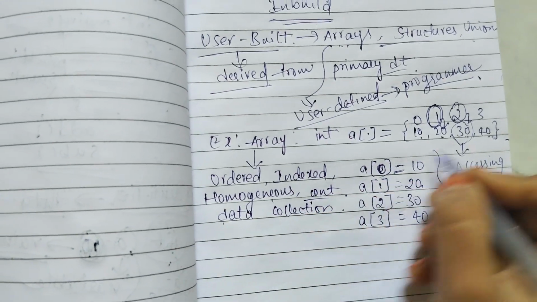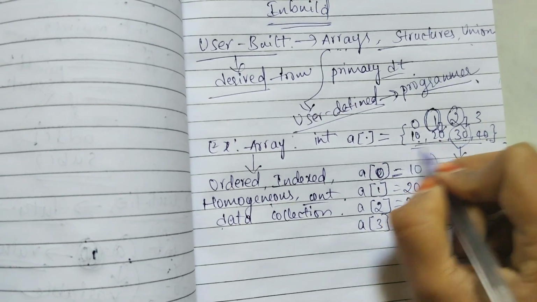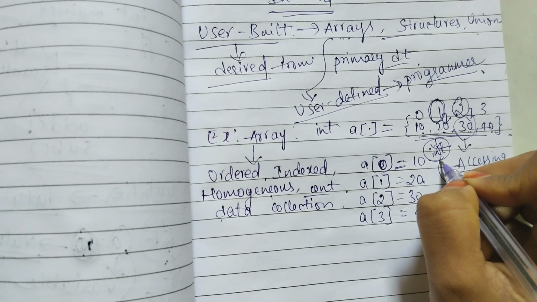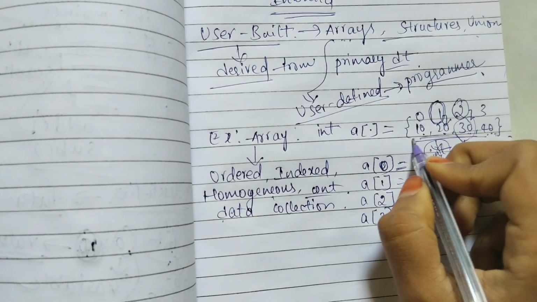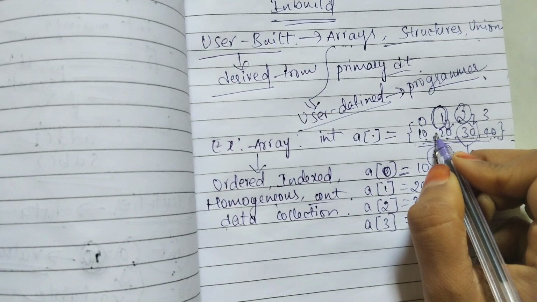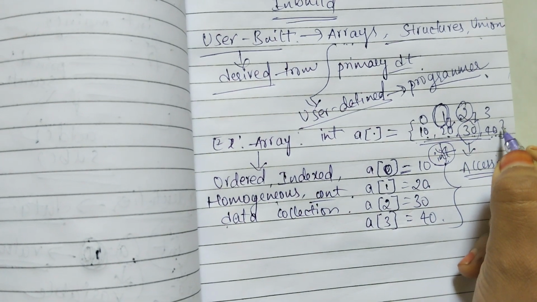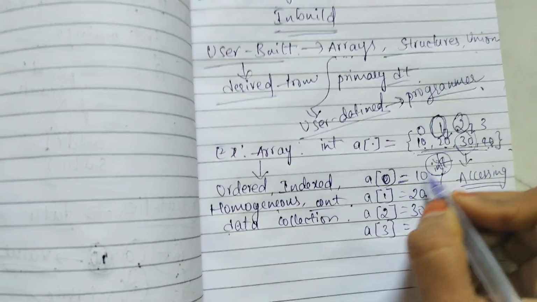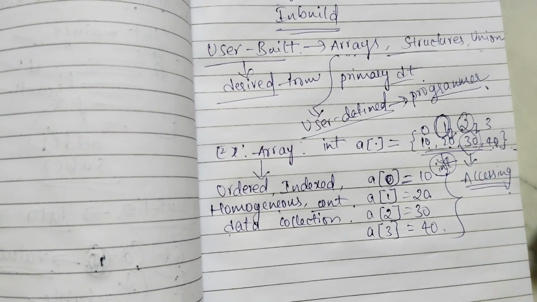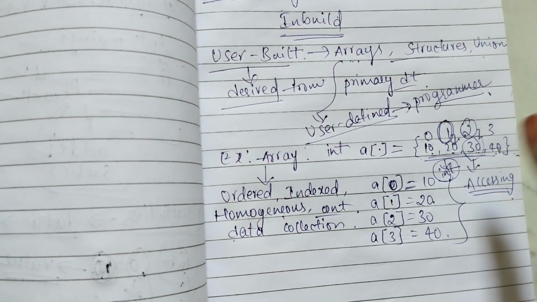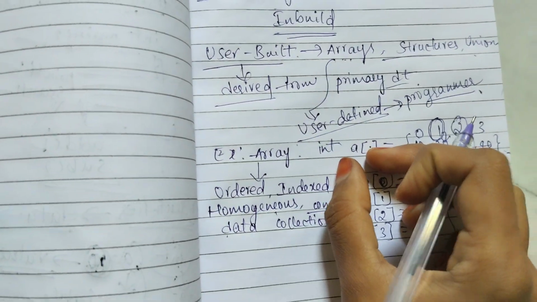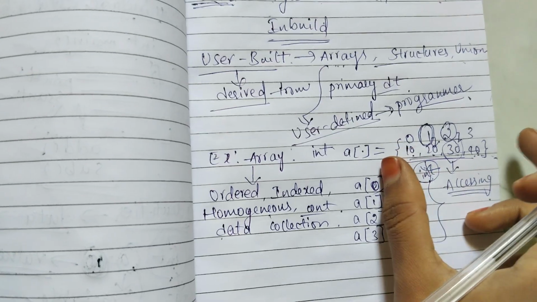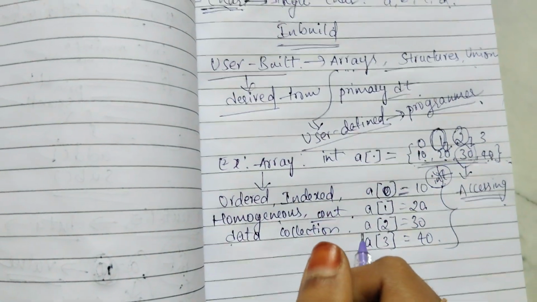Homogeneous means everything is the same data type, that is integer. I can store only one type of data inside an array. I cannot take a plus b, characters or strings here. It is continuous: however many numbers I want, I can store inside the array in a systematic format. This is an array.